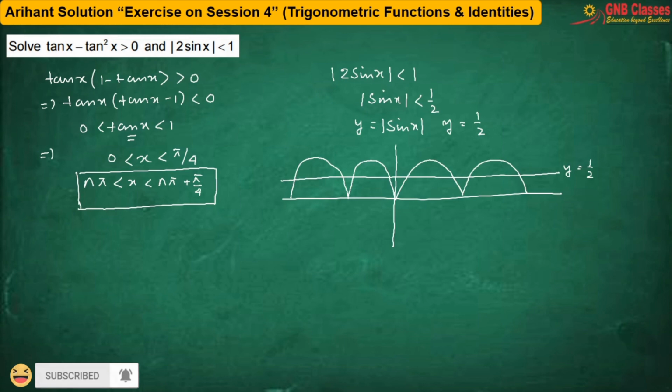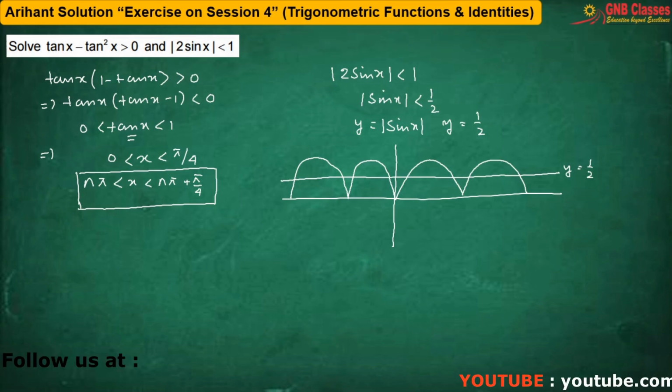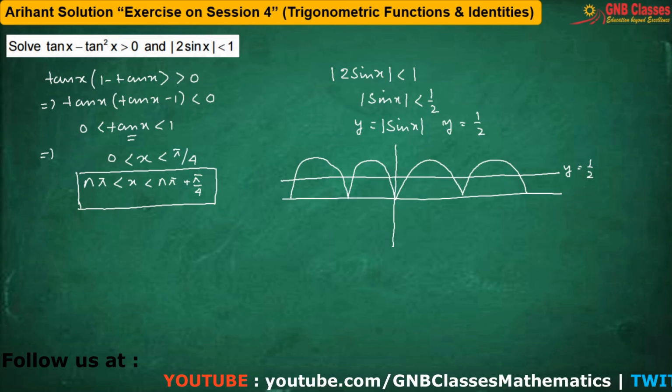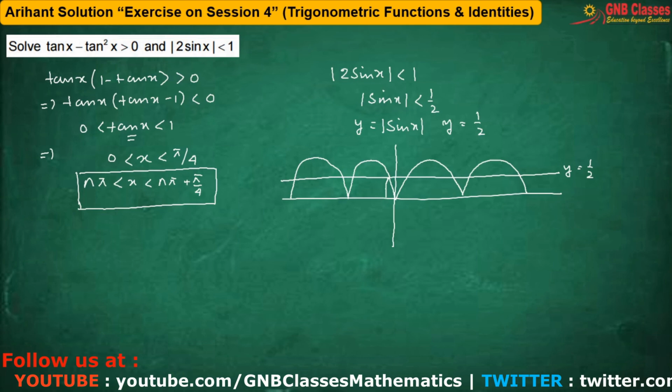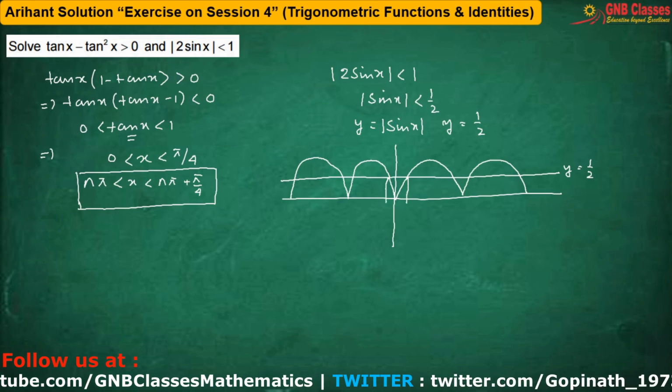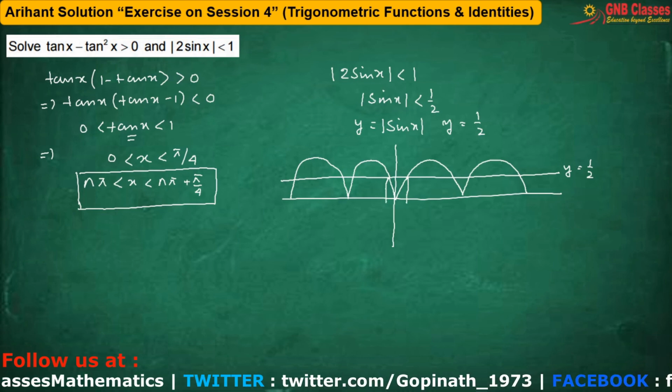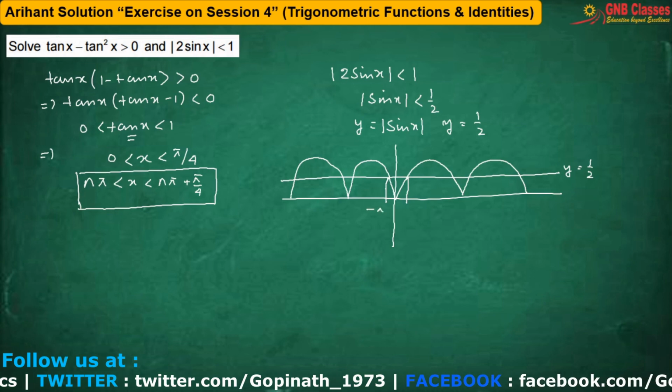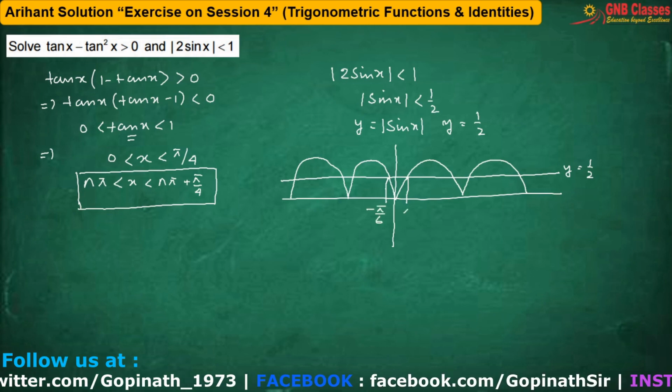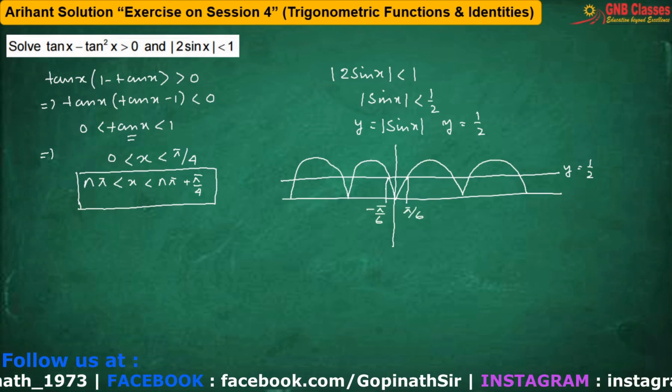Now, mod of sin x is less than half. Nearby the origin, mod of sin x is less than half when x is lying between these 2 points. This point is nothing but minus pi by 6 and this is pi by 6. Look carefully.